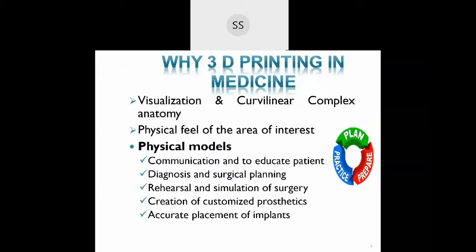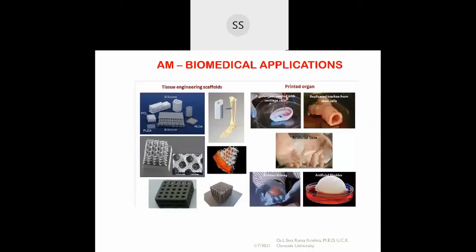Everything you can think about, you can do using this technology. The transformation starts from an X-ray or CT scan, and covers plans, human anatomy, surgical aids, instruments, scaffolds, and printed organs.